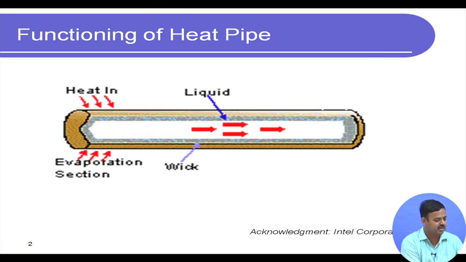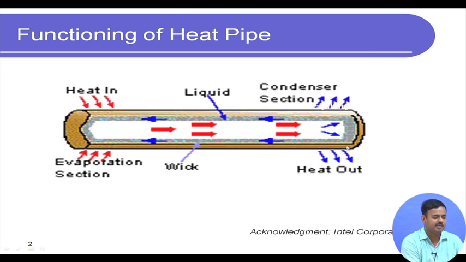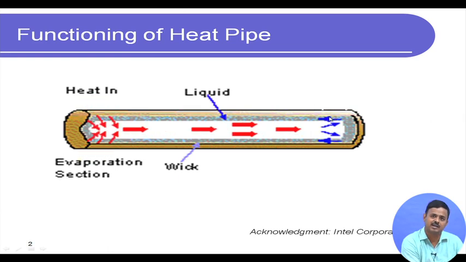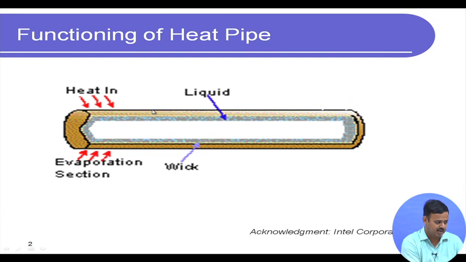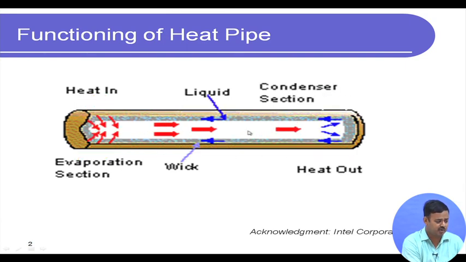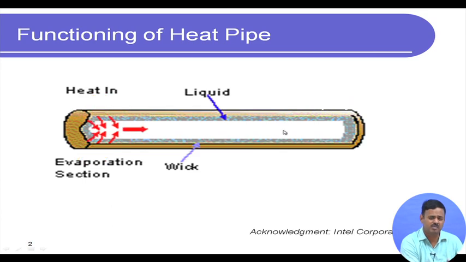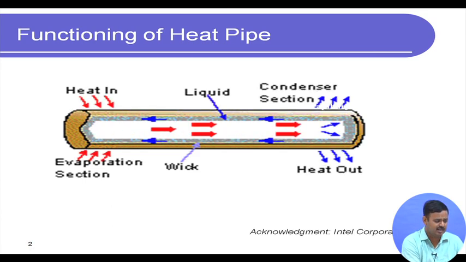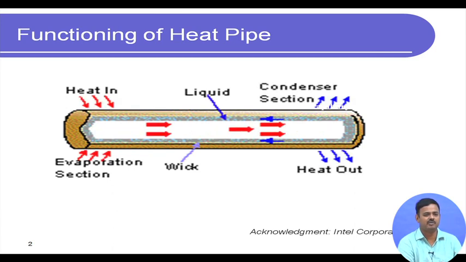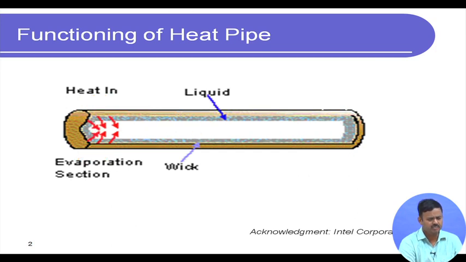Similarly, the other end where it is condensing back to liquid is known as the condenser section, and the section in between, where the vapor is flowing along the core and where we normally see very low temperature drop, is known as the adiabatic section. In many cases, the adiabatic section is also insulated around, so that we minimize heat loss from the outer walls of the heat pipe.